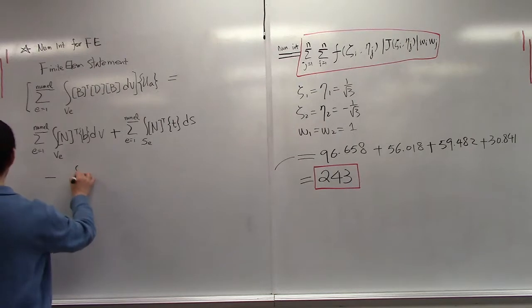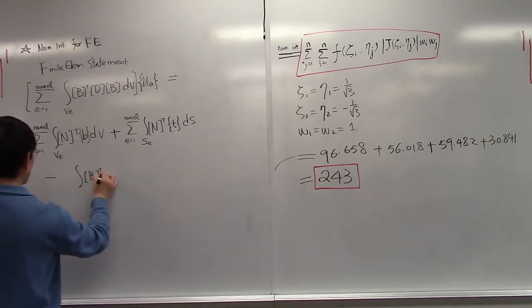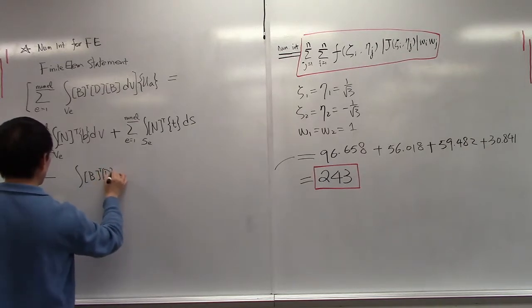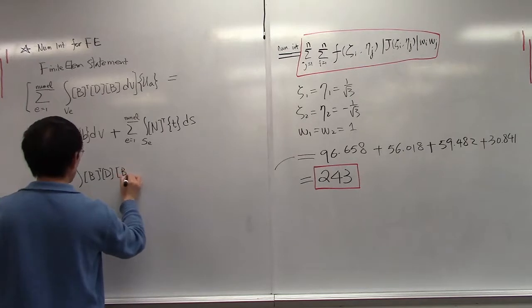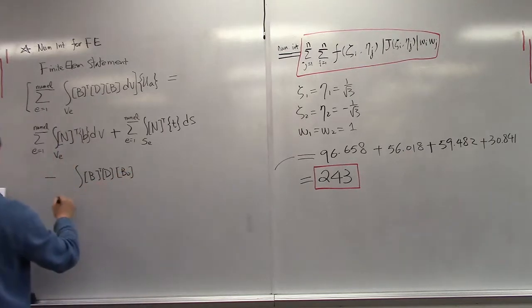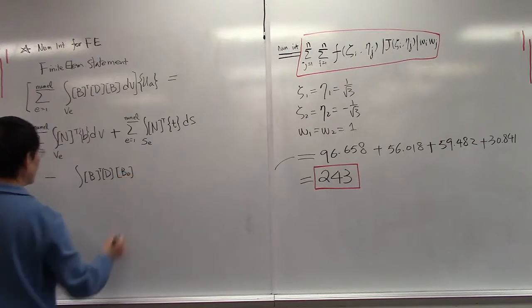And then we have B transpose D matrix, D is the material matrix, and then B0. B0 is the B matrix related to the prescribed boundary node.